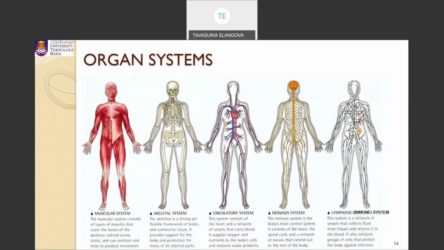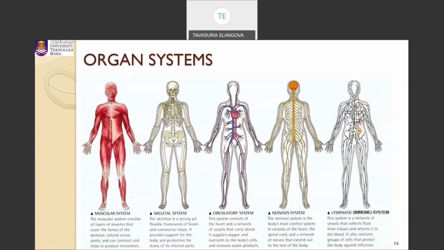Then the organs make up the organ system. For example, in the animals, there are many organ systems such as immune system, nervous system, circulatory system, skeletal system, etc. One more thing regarding the systems: many organs make up the organ systems, not only one organ.